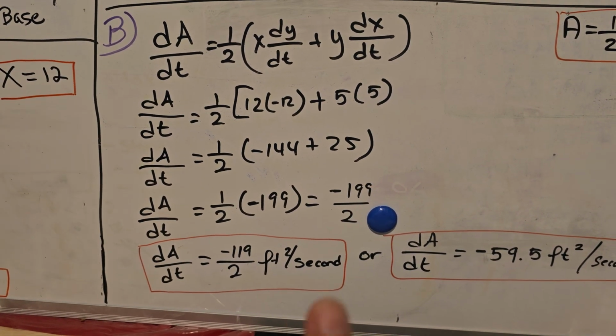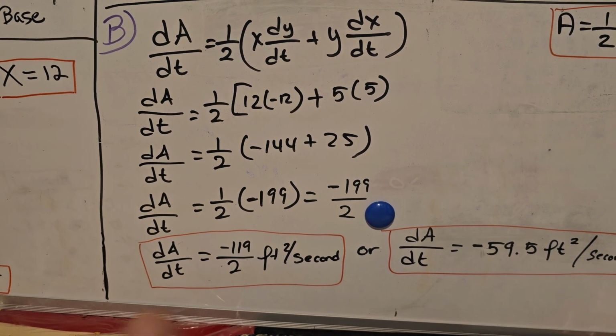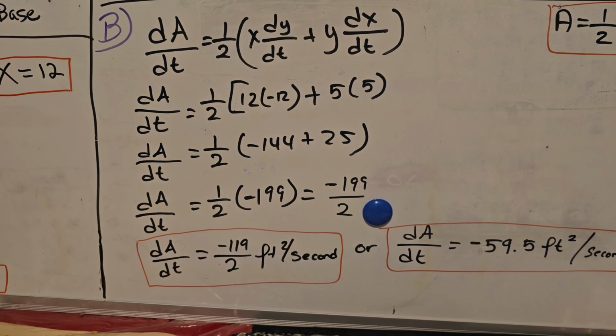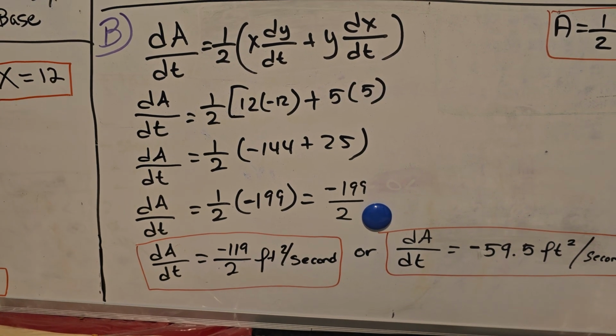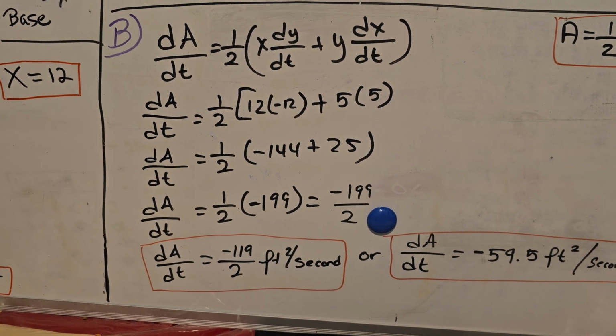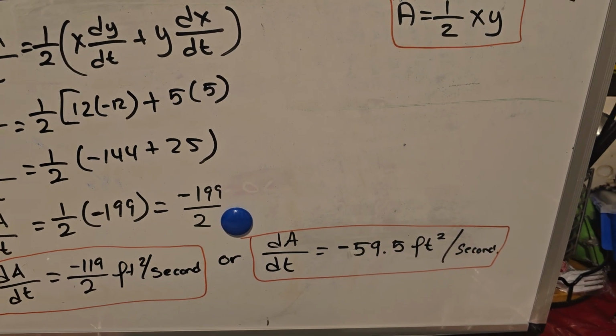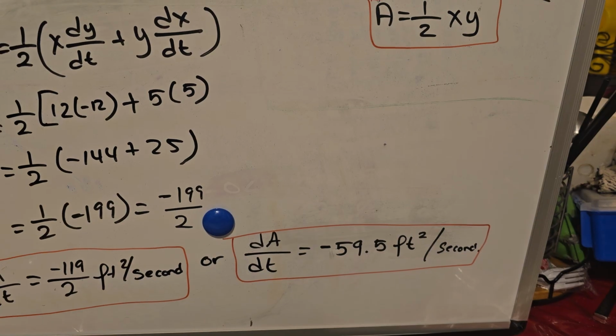So now we have dA/dt equals negative 119 over 2 square feet per second. If we divide that, it equals negative 59.5 square feet per second.